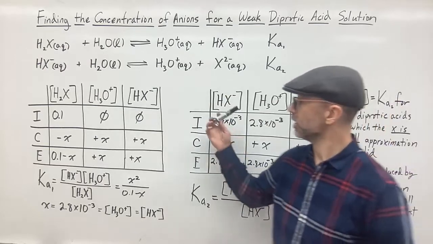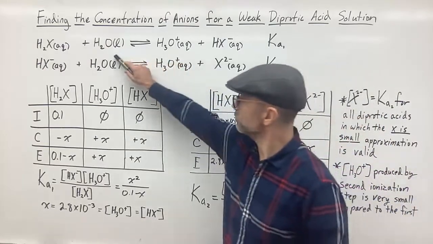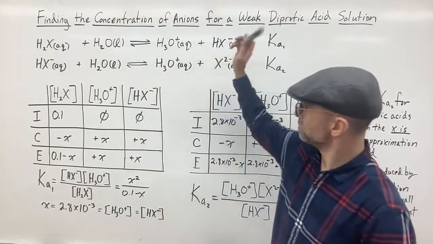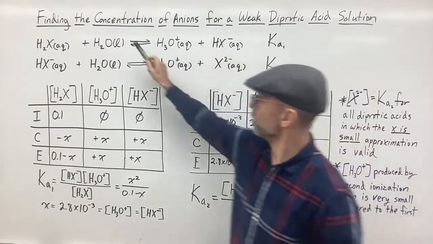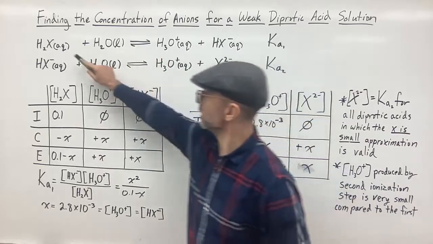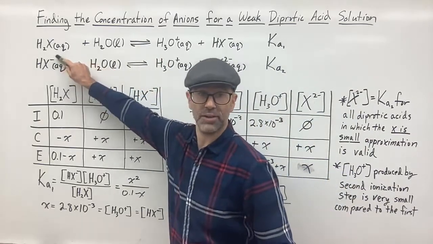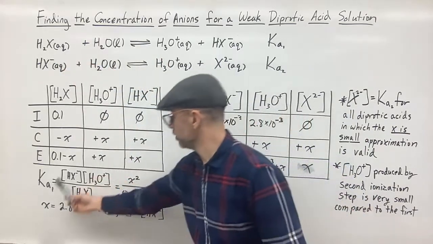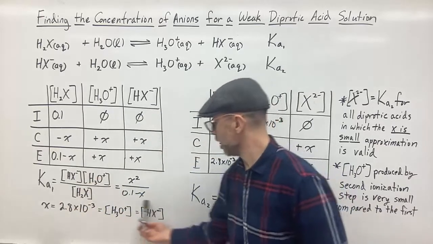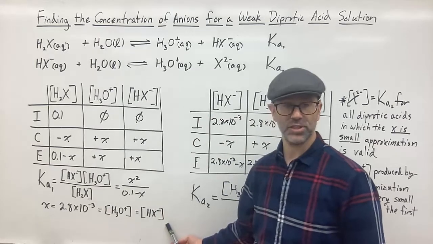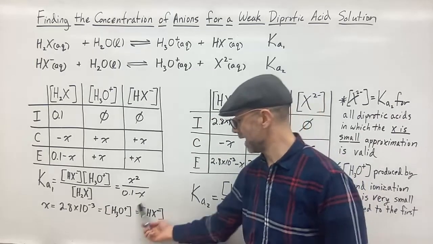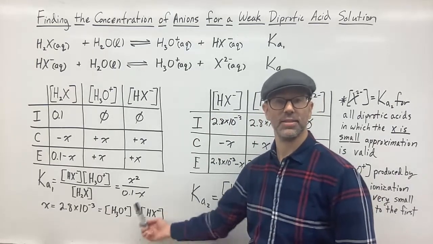So again, you first find the concentration of these two by doing your first ICE table using the initial concentrations of your acid that you're given. Once you get your X value and figure out what the H plus concentration is, that's going to be the same as your HX minus, your anion for that first step.